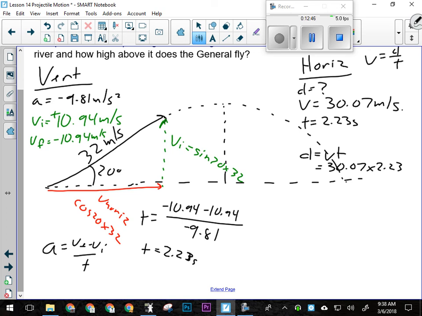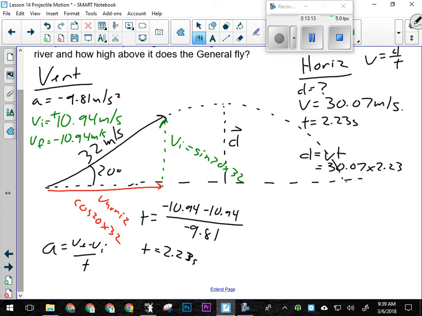The other way to do it that works more often is to use just the vertical information, not the time. I'm looking for essentially the vertical displacement at this point. At any object's highest point, how fast is it moving vertically? Right, 0. When it's at its highest point, that's where it's slowed down and is now changing direction to come back down.